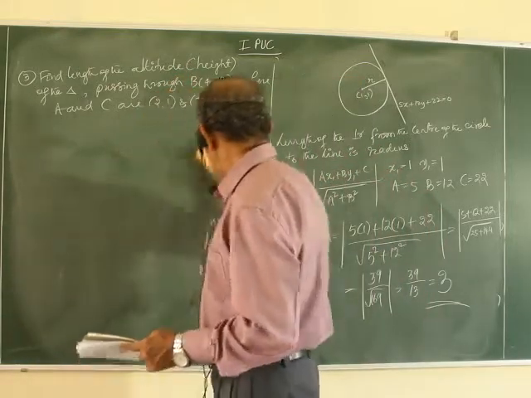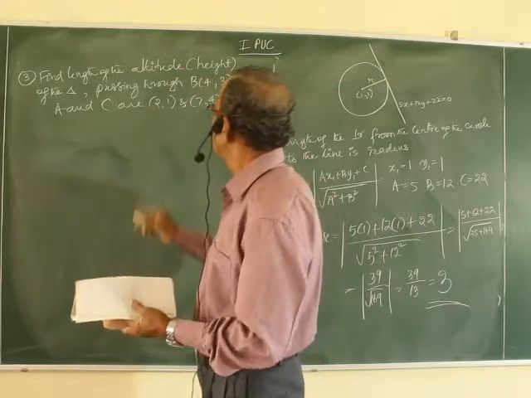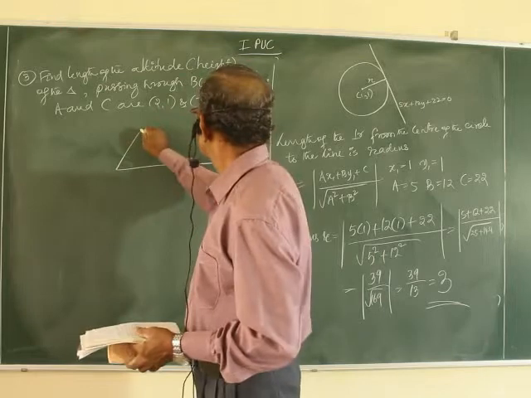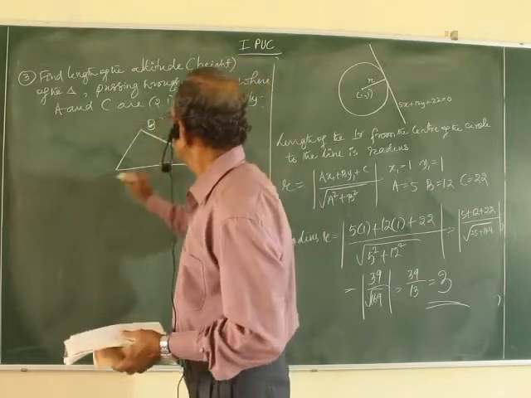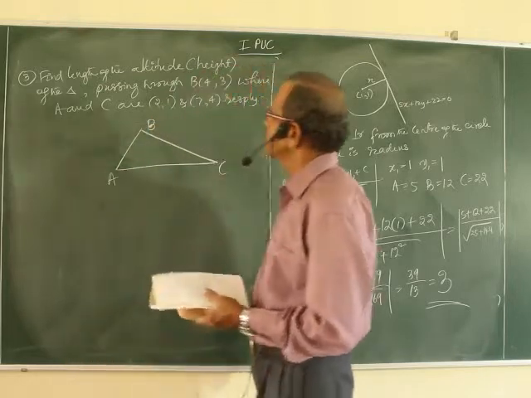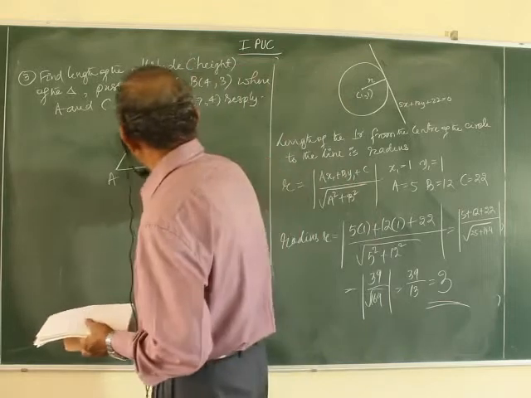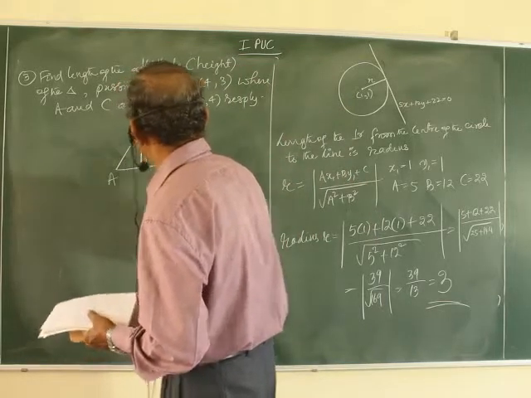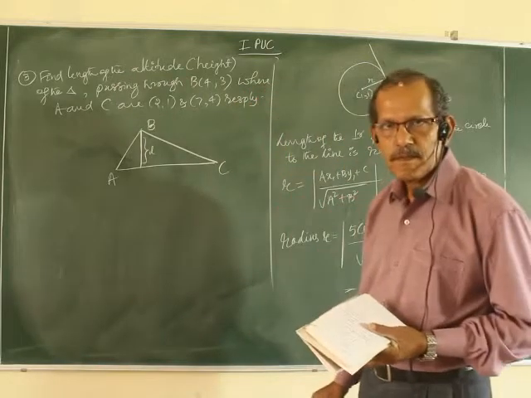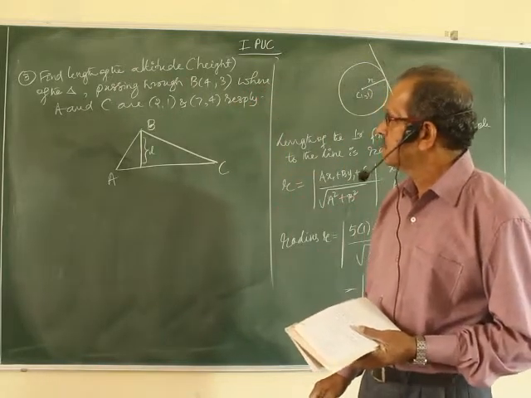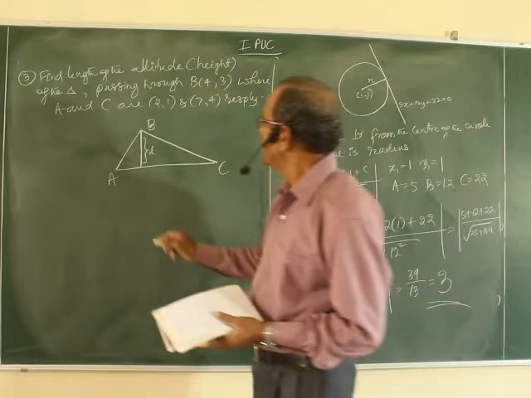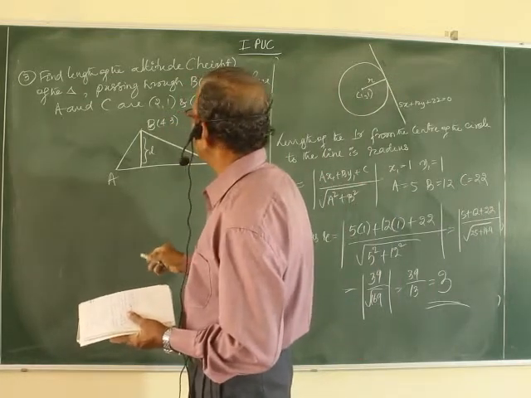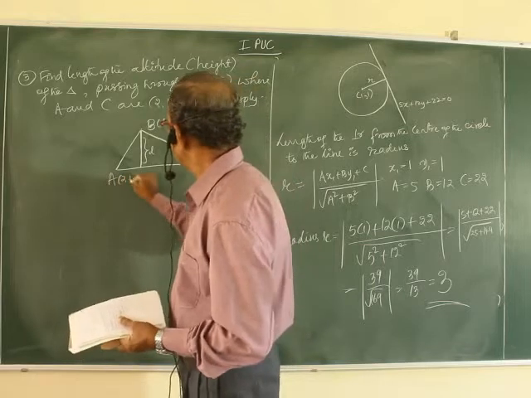Find the altitude passing through the point B. This length is required now. Height. B is (4, 3). A is (2, 1).